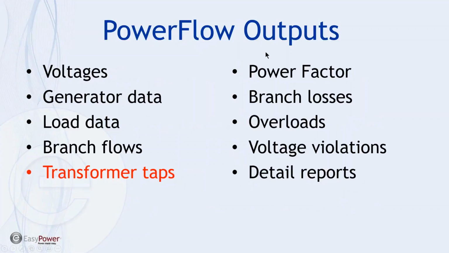So what we're looking for as outputs from our PowerFlow analysis is the voltages that should be read at each of the buses, the generator data in terms of supplied power versus voltage drops, the load data, the branch flows. A nice output is power factor, to keep us in good graces with the utility company.